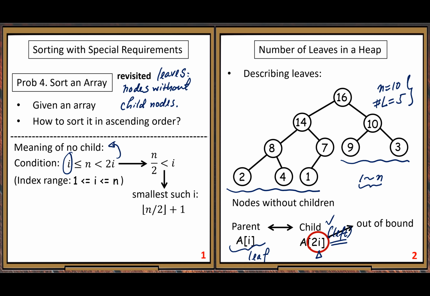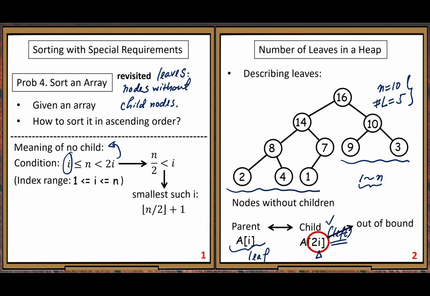When n is an even number, n over 2 is an integer, but i should be greater than that integer, so n over 2 plus 1. When n is an odd number, n over 2 is not an integer.